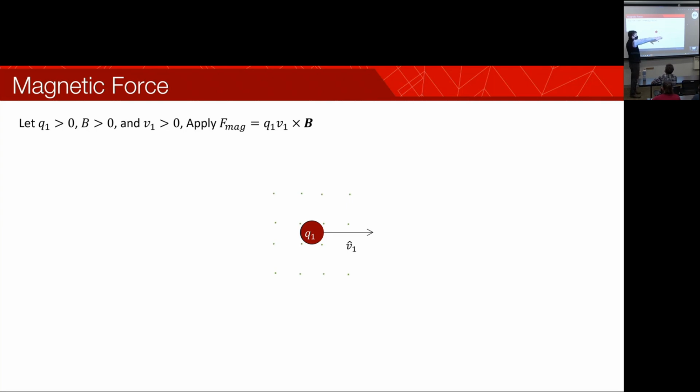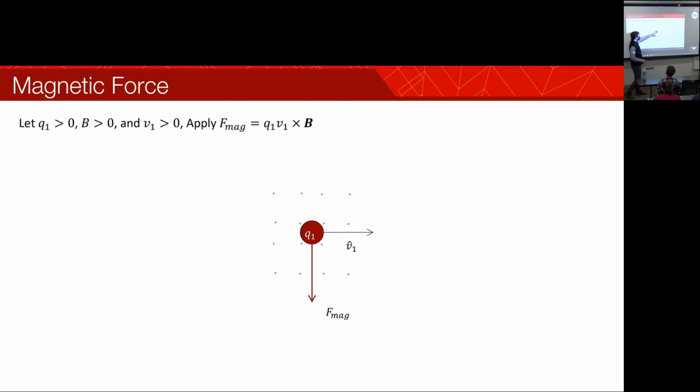So V cross B tells us the direction of the force. First of all, what direction is the instantaneous force on this charge going to be? Up or down? Down, right? So the magnetic force is going to be down.